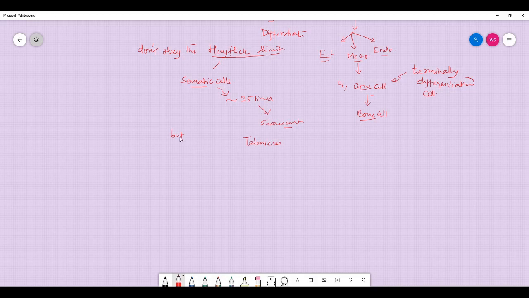But we said stem cells don't follow the Hayflick limit. But they also divide. So theoretically they should also undergo division only about 35 times, but no. They don't obey the Hayflick limit. They are kind of immortal cells.